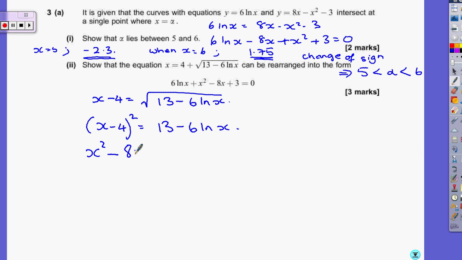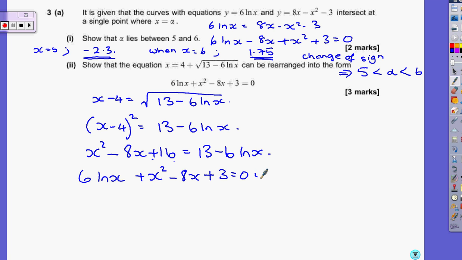I would do it properly, longhand, given you have the time. Then I'm going to bring the 6 ln x over this side. I've got my plus x squared, my minus 8x, and plus 16, and I'm going to take away that, which gives me plus 3 equals 0. Awesome. Done that bit.